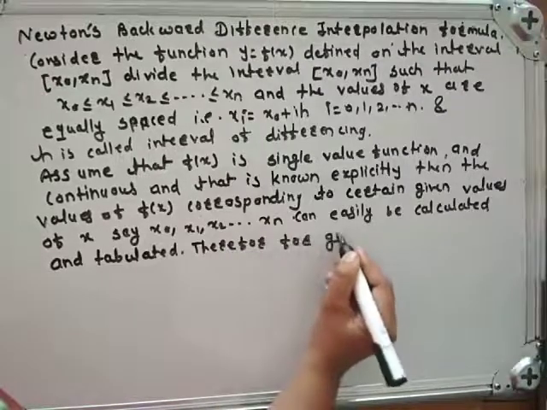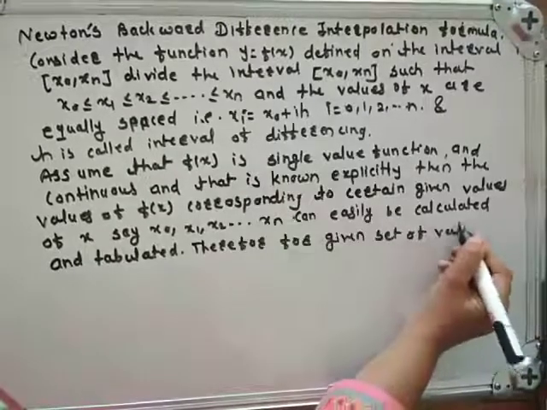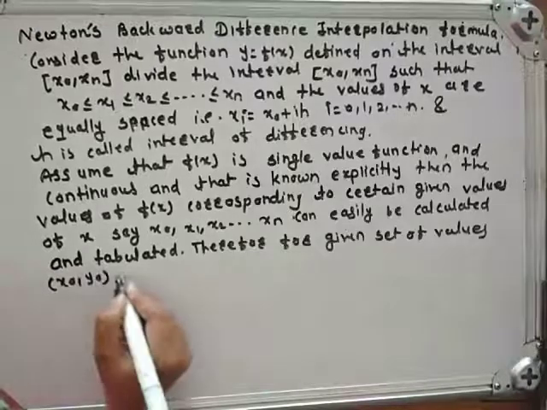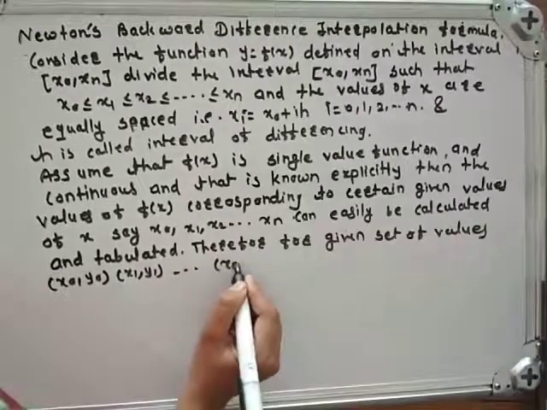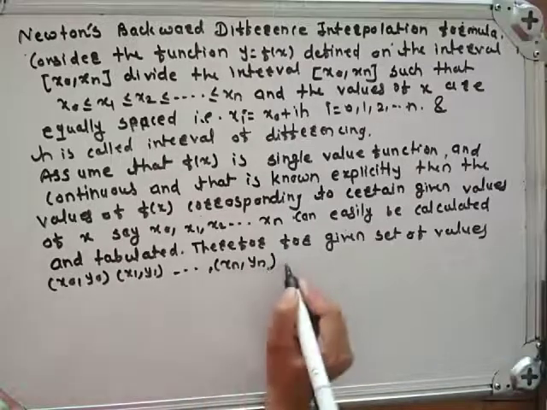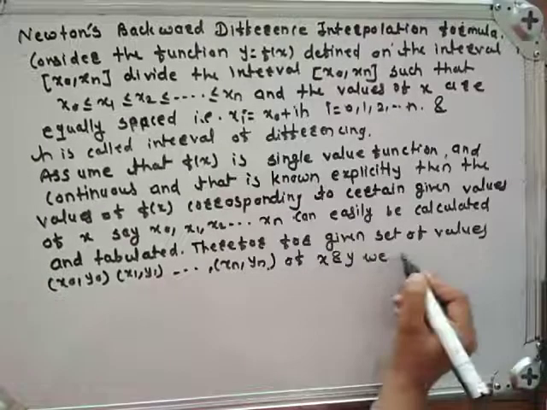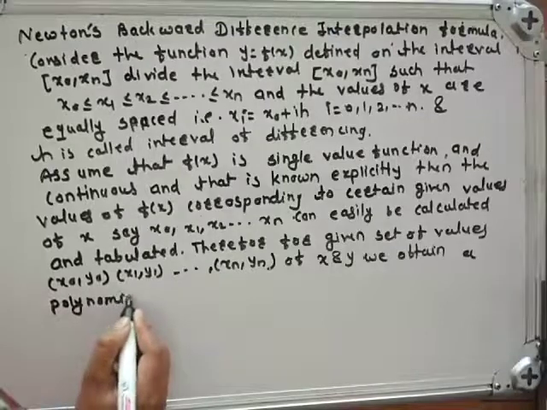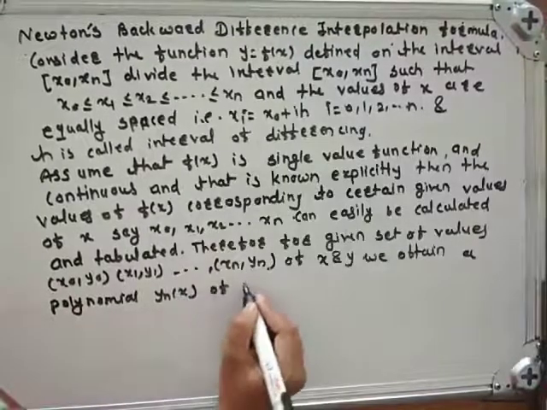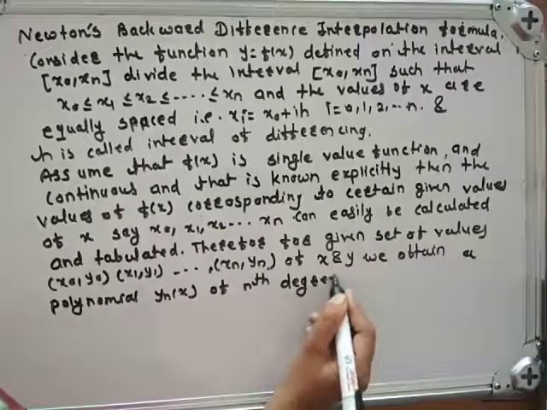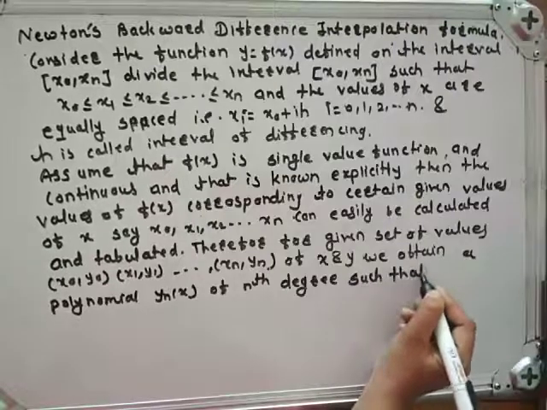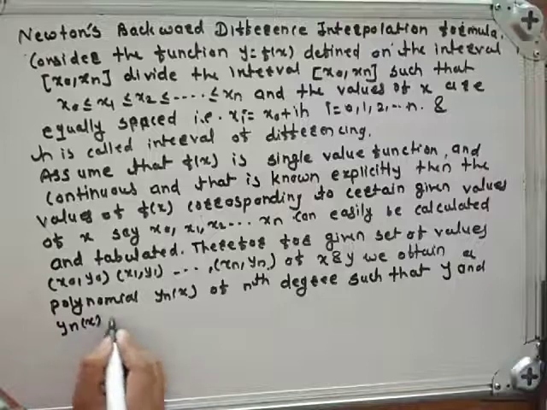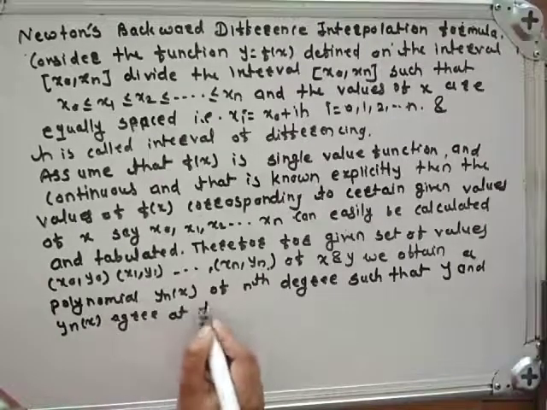Therefore, for a given set of values, ordered pairs (x0, y0), (x1, y1) and so on up to (xn, yn) of x and y, we obtain a polynomial yn(x) of nth degree such that yn(x) agrees at the tabulated values.